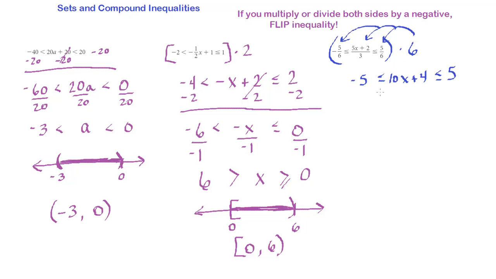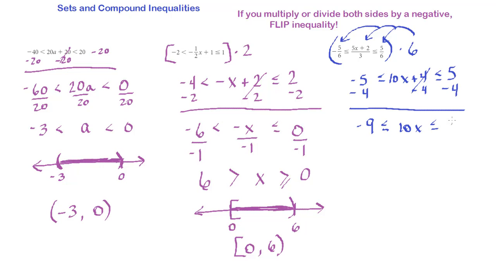Now if you need any of this explained further, be sure and shoot me an email and I will go over this part in detail. All right, next thing I need to do is get rid of my 4. So I'm subtracting 4. I'm going to keep the same symbol because I didn't multiply or divide by a negative.